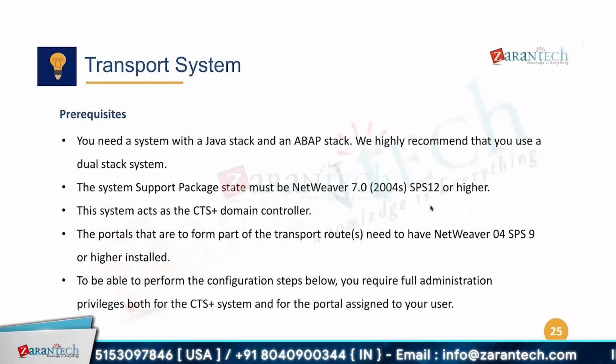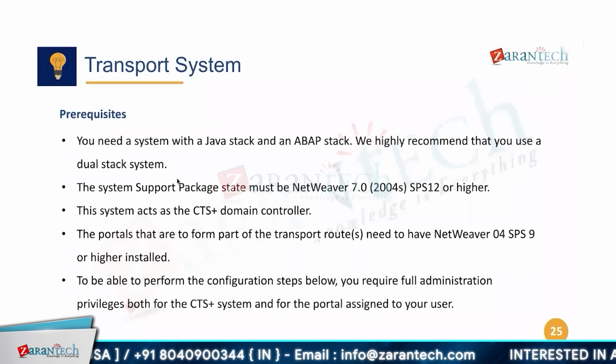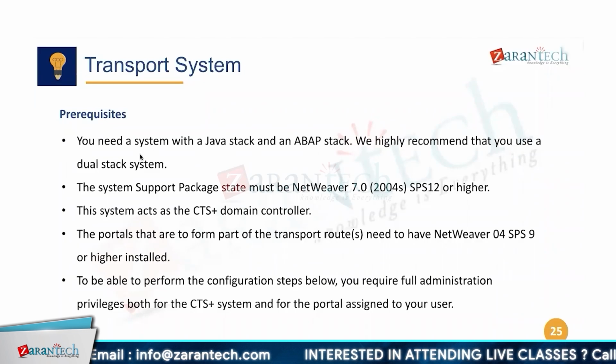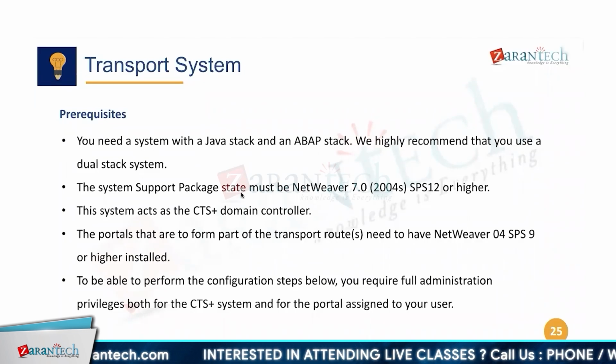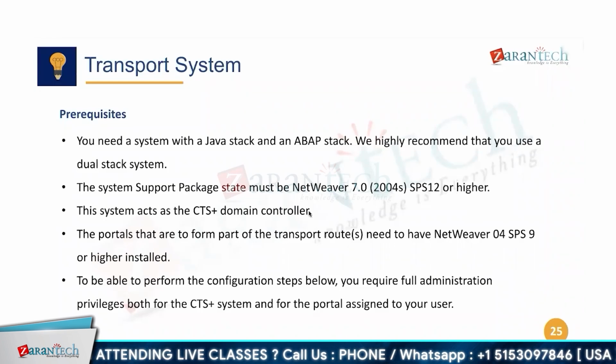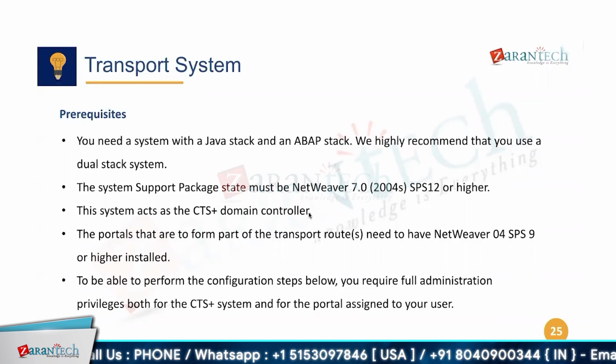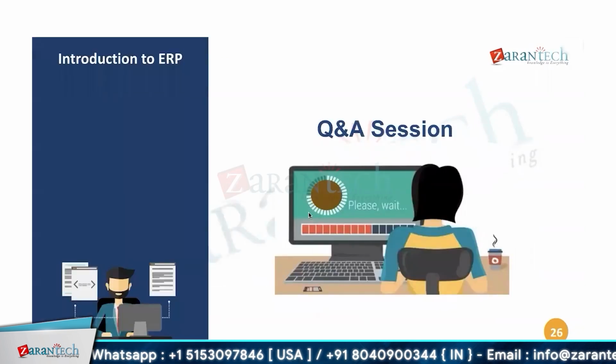Okay, so this is the tricky part. Here you need a Java stack and an ABAP stack if you want. And here also most of the concepts are similar. You have a domain controller. If I find any Java system where this CTS is configured and show you that, then you will understand it.